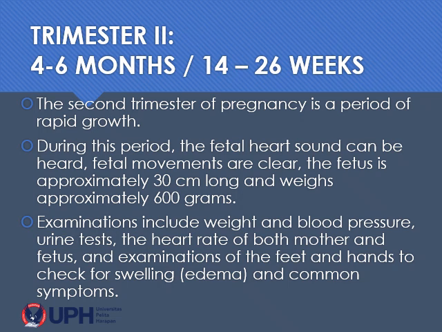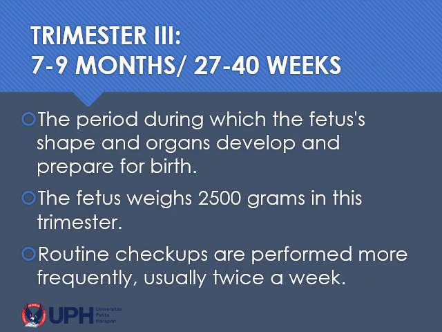We can also do examinations during this time by checking the weight and the blood pressure, doing the urine test, and having the heart rate of the mother and the fetus examined. The examinations can also be done on the mother's feet and hands to check if there is any swelling or any other common symptoms that are uncomfortable for the mother.